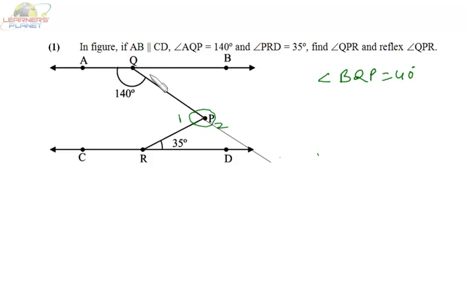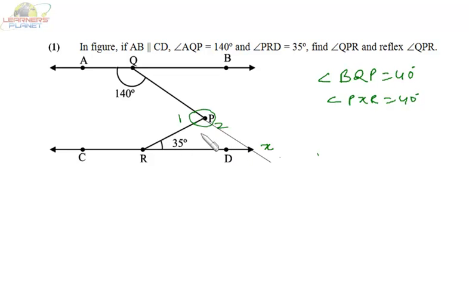Now if this angle is 40 degrees, we can see a shape of Z here, so this angle will also be 40 degrees. I name this point X. So angle PXR will also be 40 degrees, since these two angles are alternate interior angles.